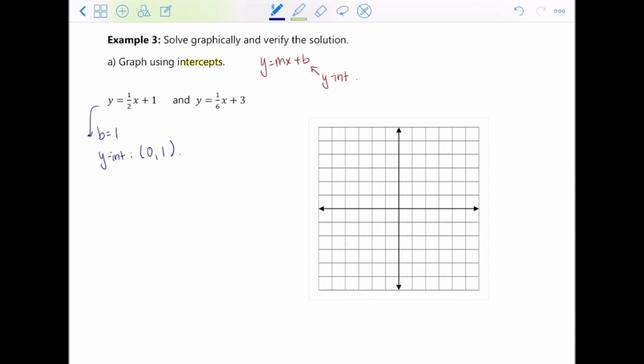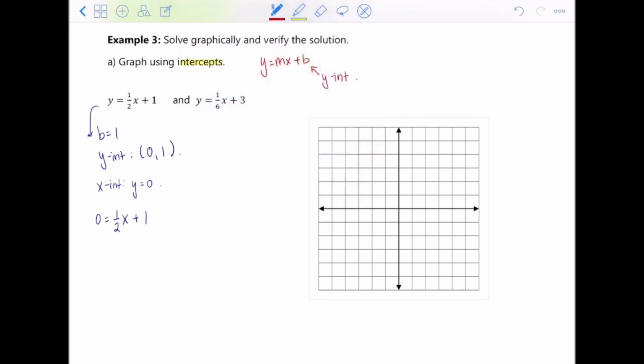Let's actually look for the x-intercept, or intercept, because it's a line. The x-intercept happens when y equals 0. So all we need to do is plug y equals 0 into the equation. So 0 equals 1/2x plus 1.